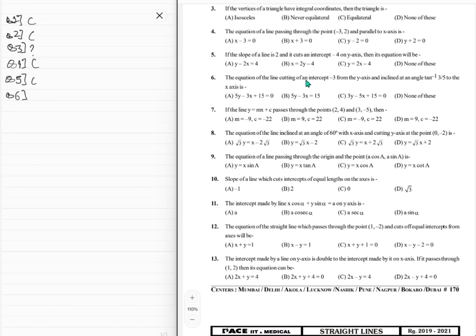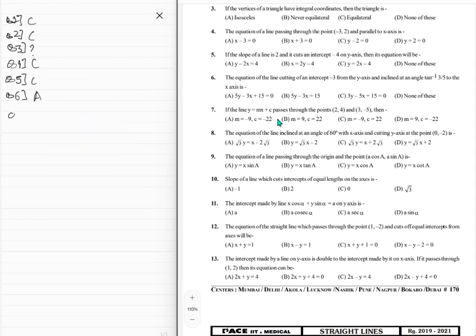The line is inclined at an angle tan inverse of, okay, so the slope is basically 3 upon 5. So y equal to 3 by 5 x minus 3. So 5y equal to 3x minus 15. That is 5y minus 3x plus 15. Yes, exactly. So A.